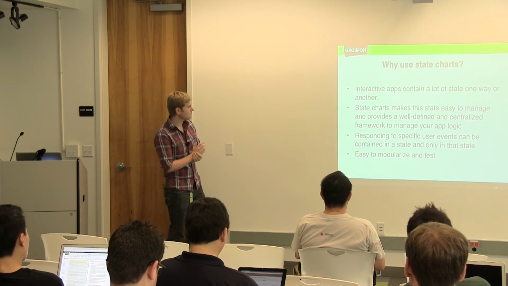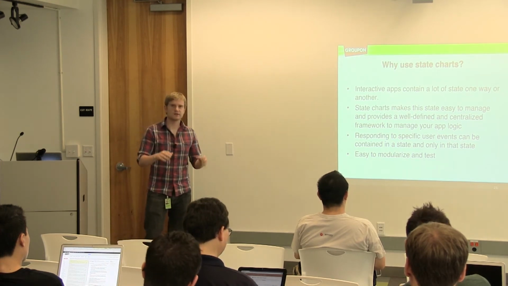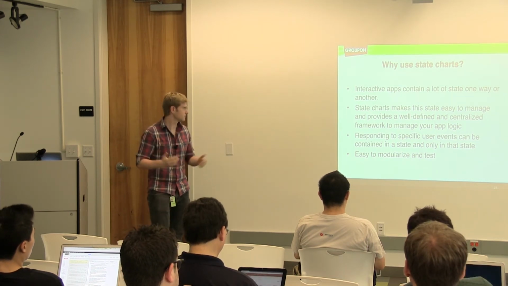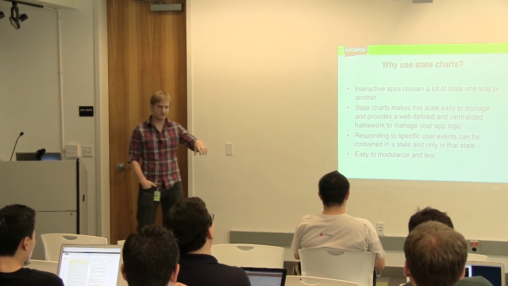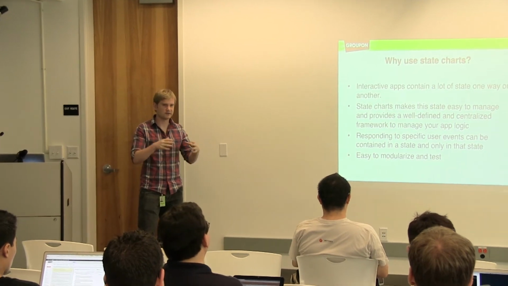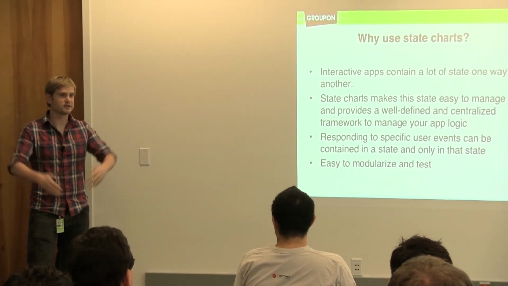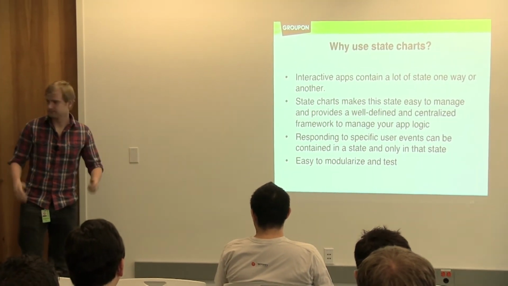Basically, it allows you one centralized place to manage all the state for your application. The other thing that's really nice is that when you're in a specific state and you have an action in your app, it'll only get handled if it's defined as an action in that state. Otherwise, it'll just bubble up and get dropped on the floor if it's not actually valid.